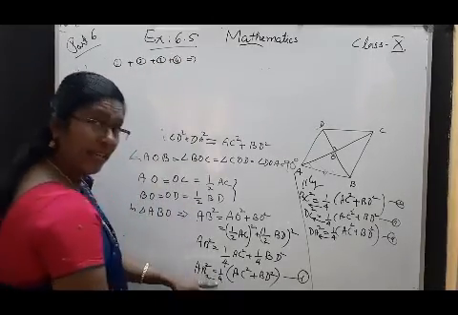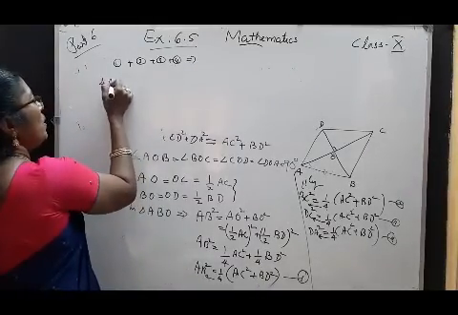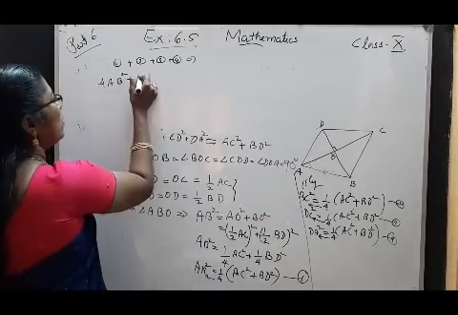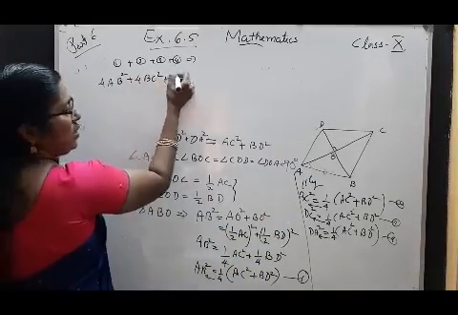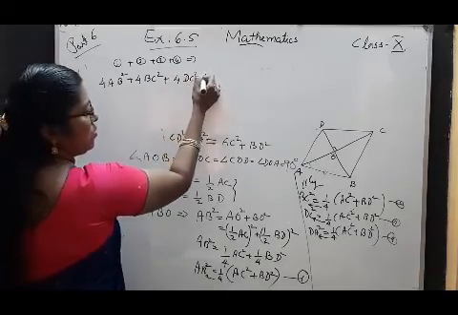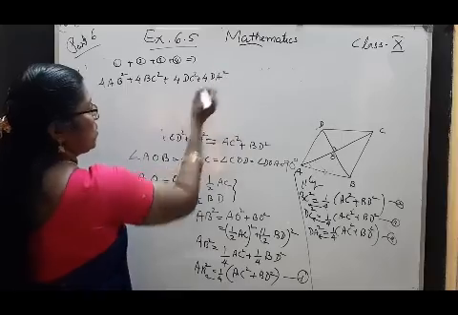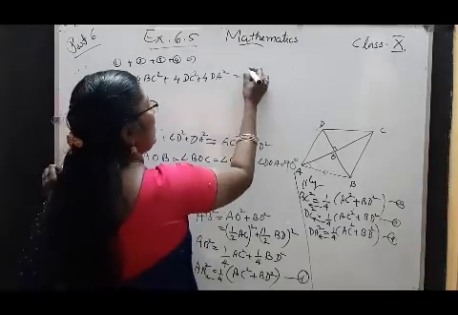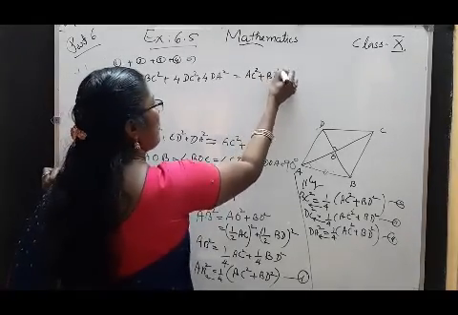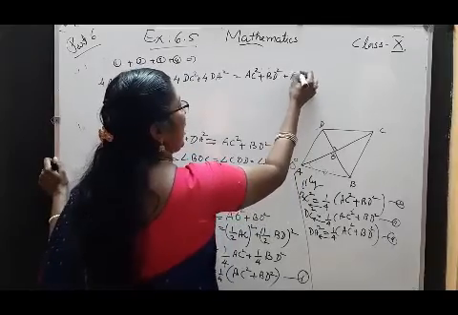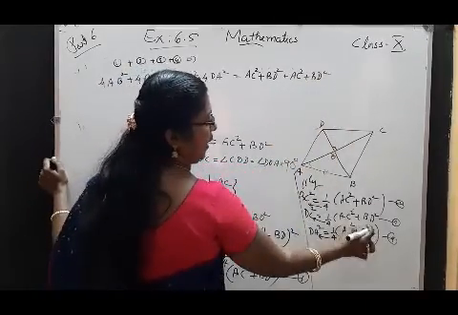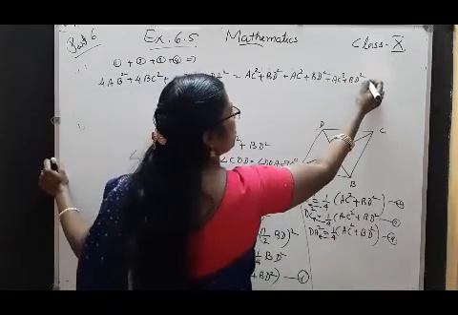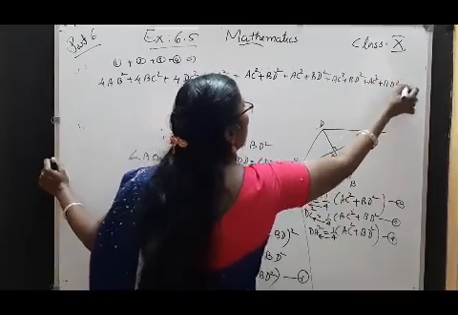The left hand side is 4 AB square plus 4 BC square plus 4 DC square plus 4 DA square, equal to AC square plus BD square, again AC square plus BD square, again AC square plus BD square, and the last one is also AC square plus BD square.